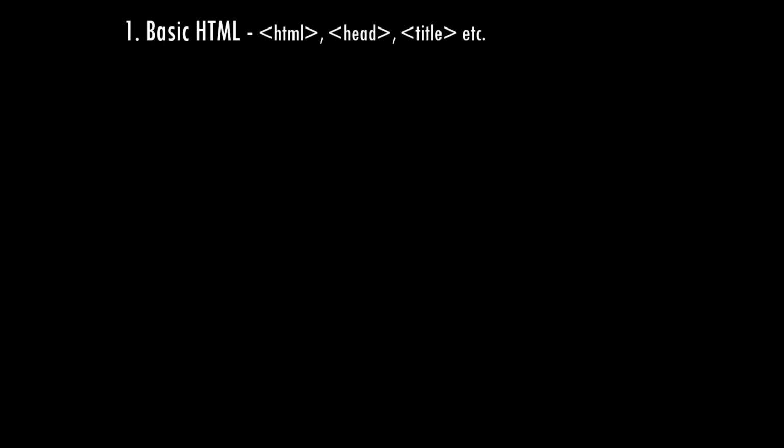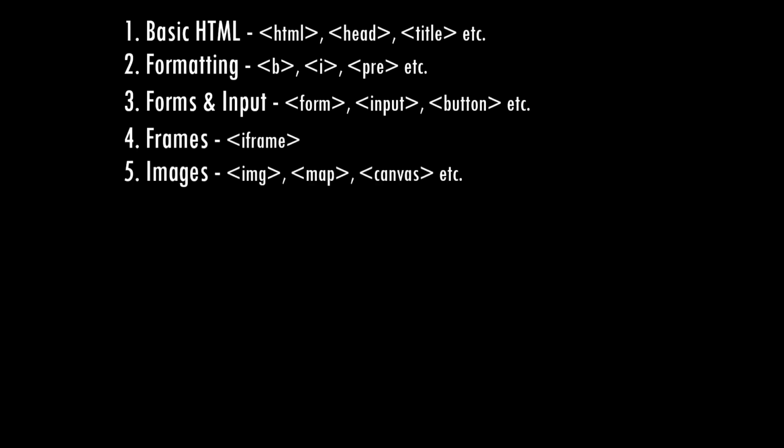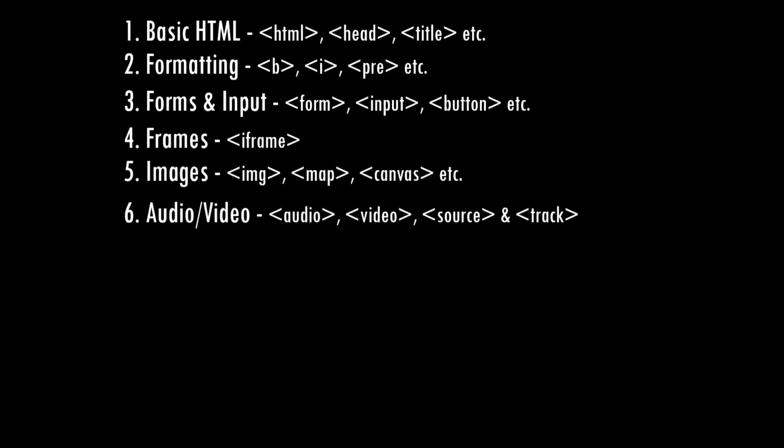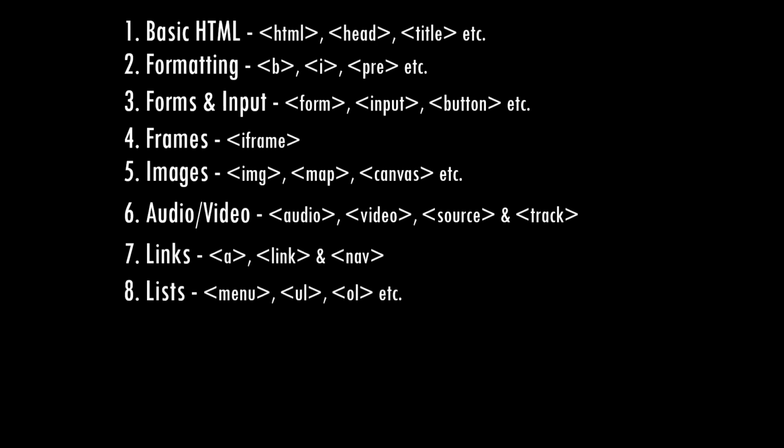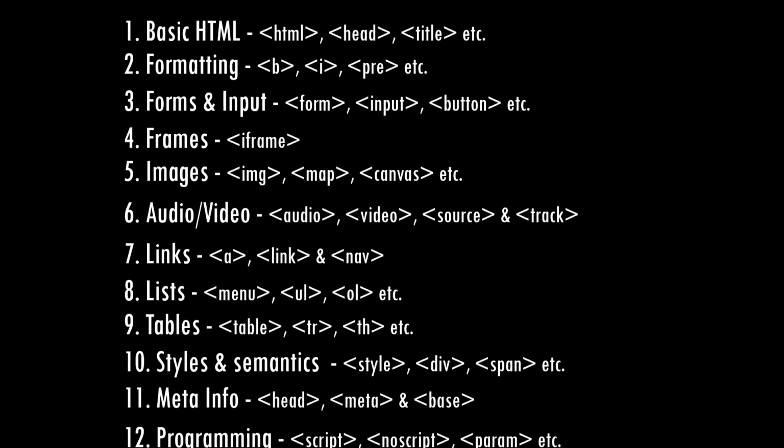The first one is basic HTML, then formatting, forms and input, frames, images, audio, video, links, lists, tables, styles and semantics, meta info, and programming. These are the categories defined by W3Schools.